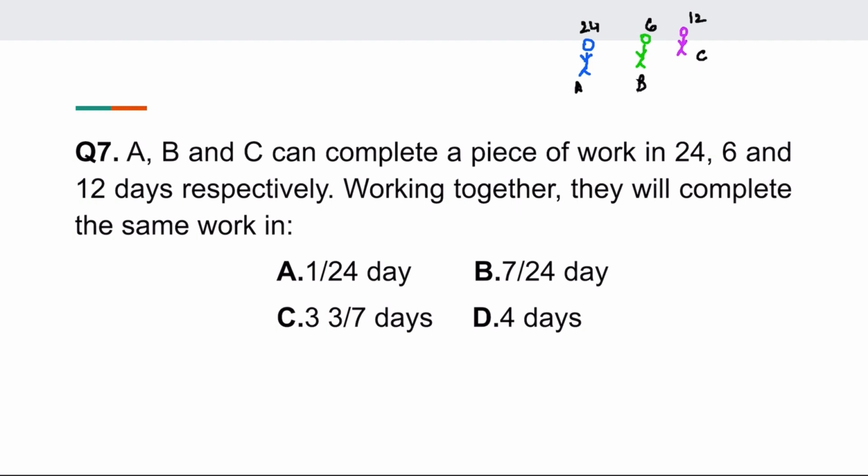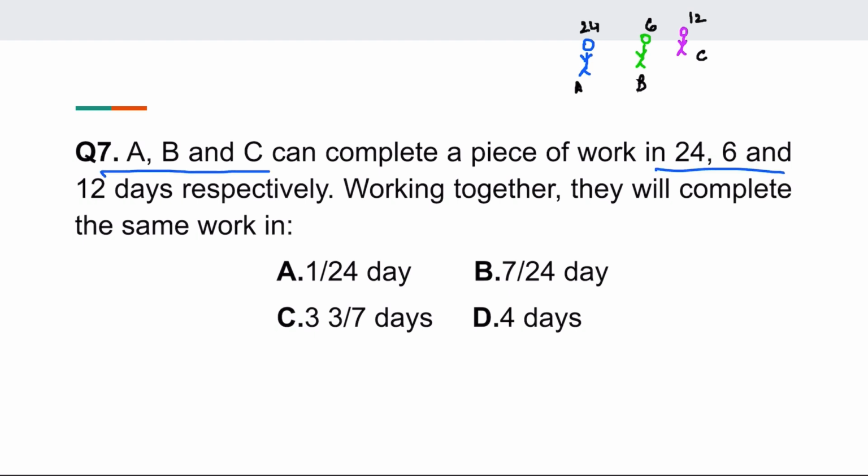A, B and C can complete a piece of work in 24, 6 and 12 days respectively. Working together, they will complete the same work in how many days? It's a very, very simple question. Let me solve it here itself, and then we'll just focus on the answer. So, if A can do a piece of work in n days, then A's 1 day work is going to be what? I do not know anything, okay?